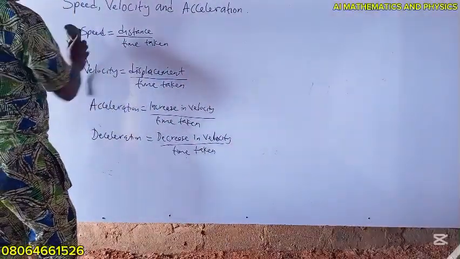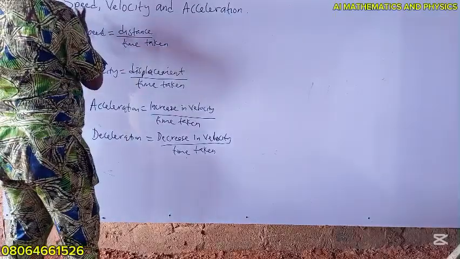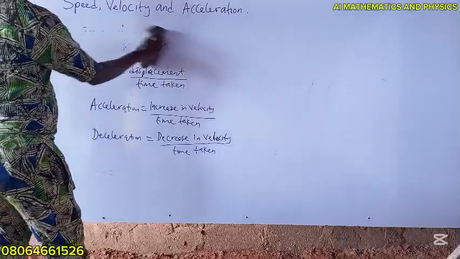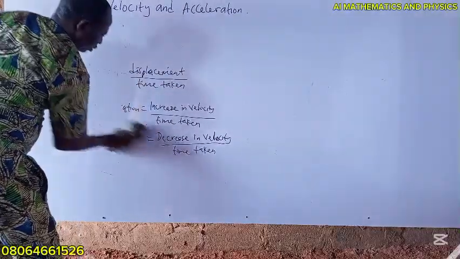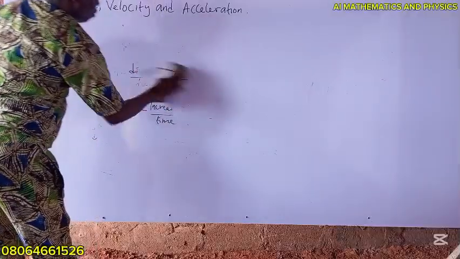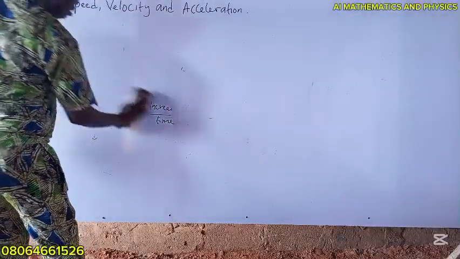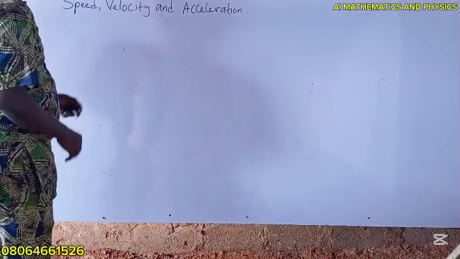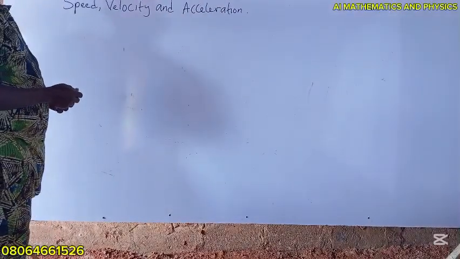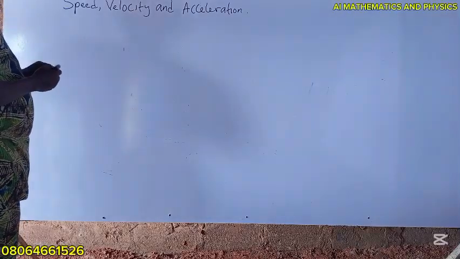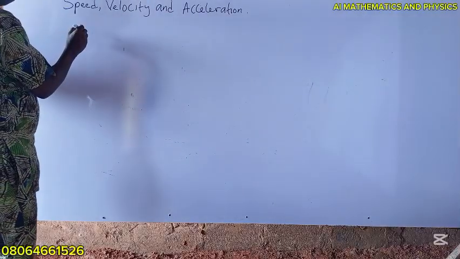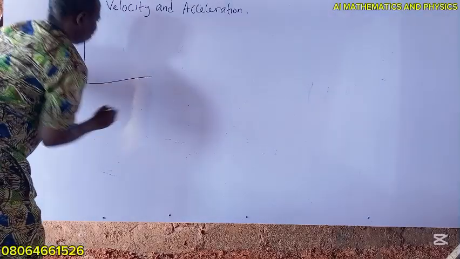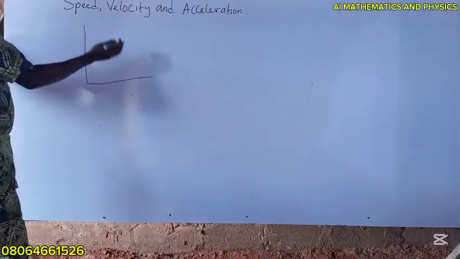Then let's talk about the graphs of speed, velocity, and acceleration. We have graph of speed, graph of velocity, and graph of acceleration. For instance, let's say we have graph A, with this vertical and this horizontal.